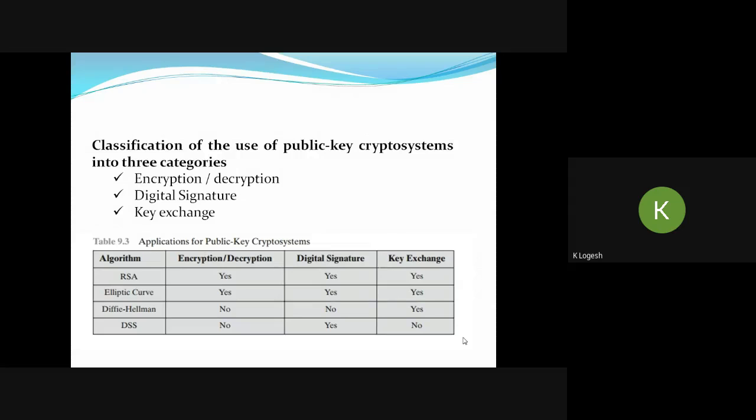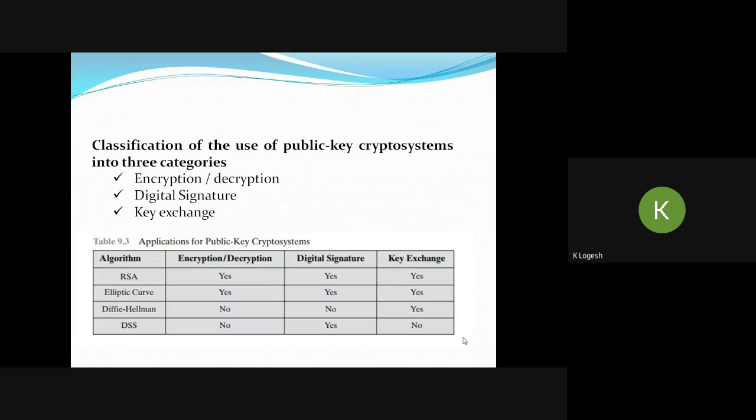In the table, three different categories are clearly given: encryption and decryption, digital signature, and key exchange. First, the RSA algorithm. Using RSA, we can apply encryption and decryption, and we can apply it for digital signature also.